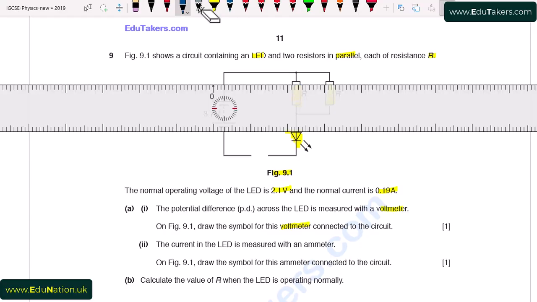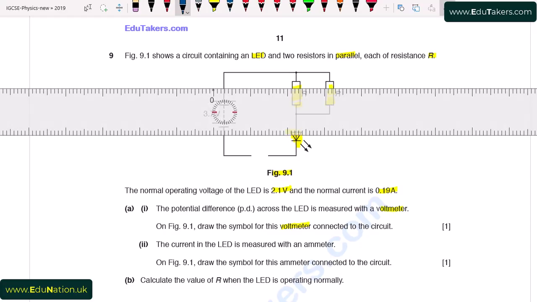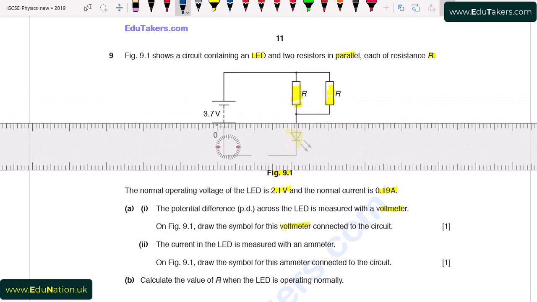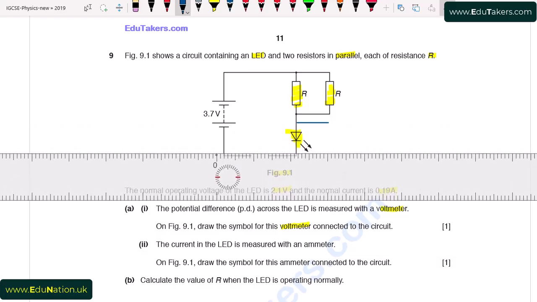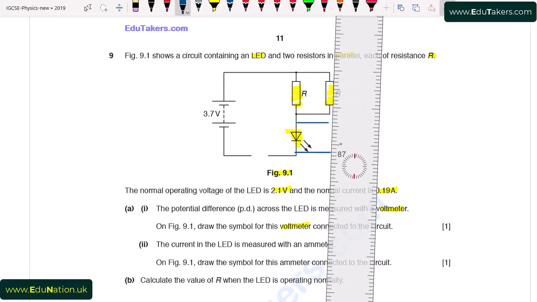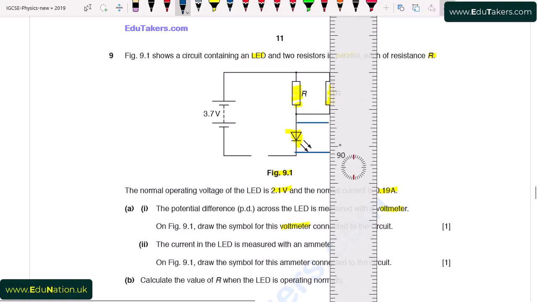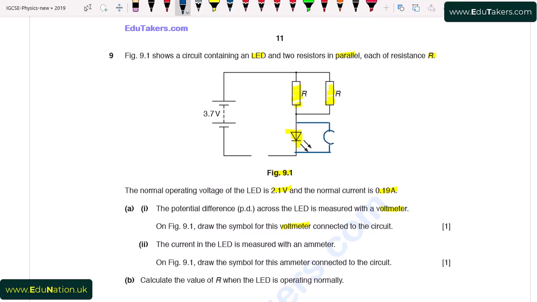I use a ruler. So here I have to connect the voltmeter.